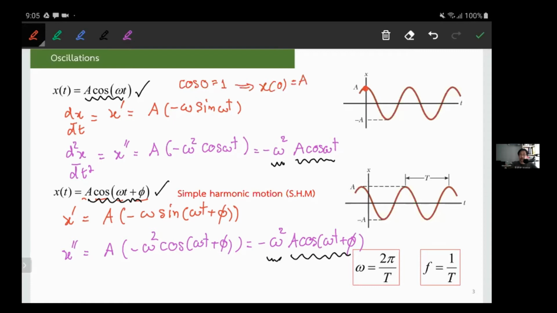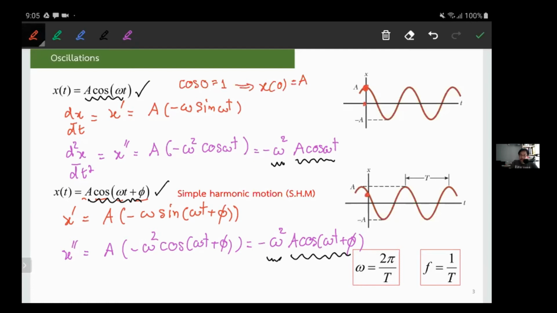So if you pick the cosine to be your solution, that means you are representing the scenario that you're starting from the top. However, in real life, well, I don't want to start from the top. Maybe I want to start from the 0. I want to start from the bottom. I want to start from somewhere like the second curve right here.